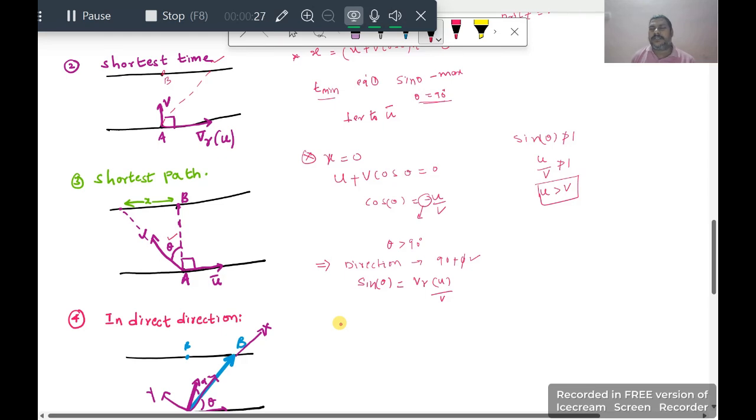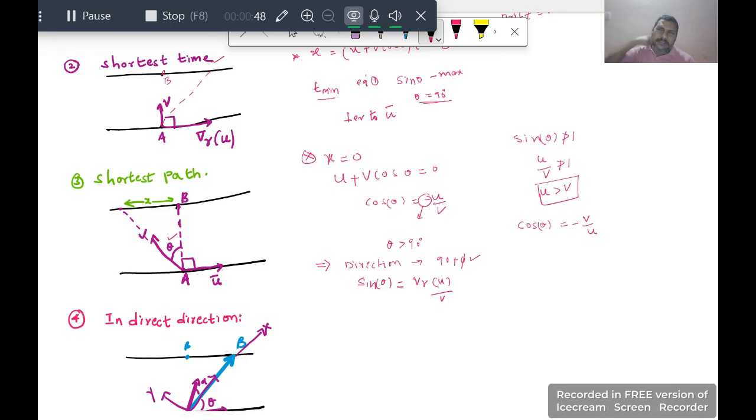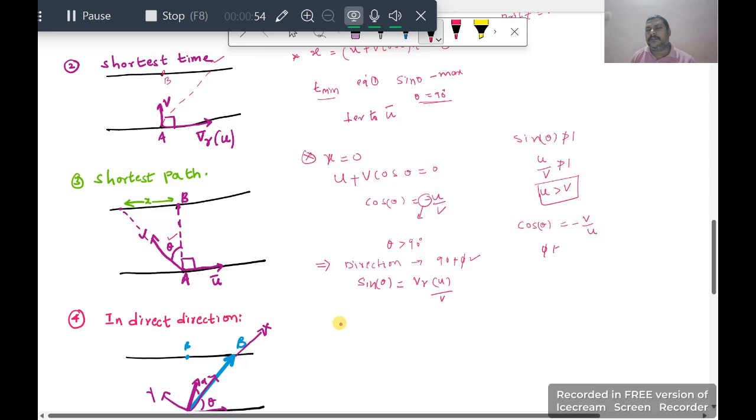In this case, you will not reach. So at that time, if such a case is given, cos theta is equal to minus v by u. Then theta is equal to 90 plus sin inverse of v by u.